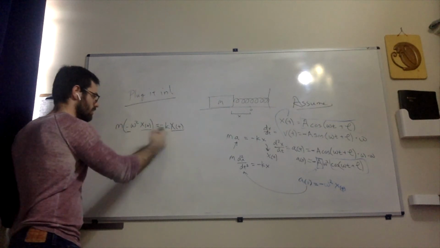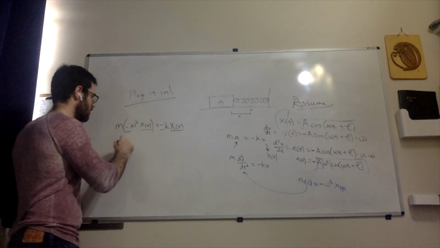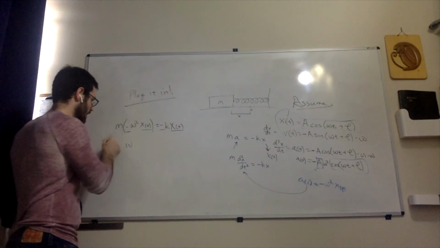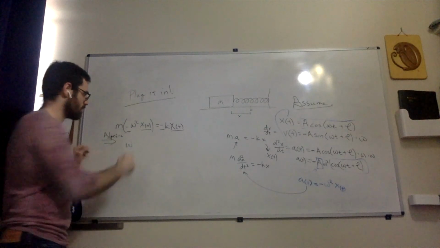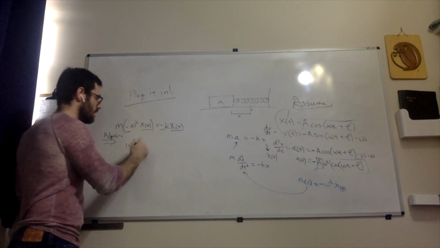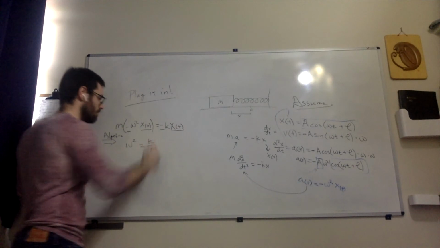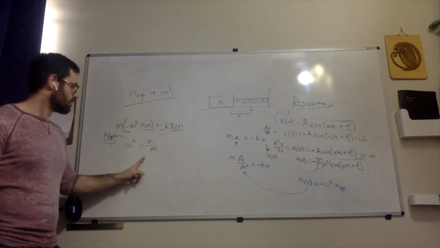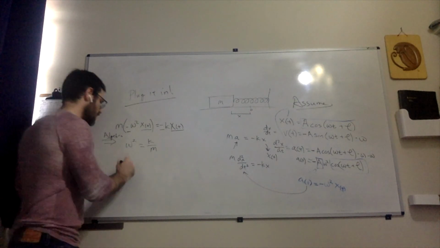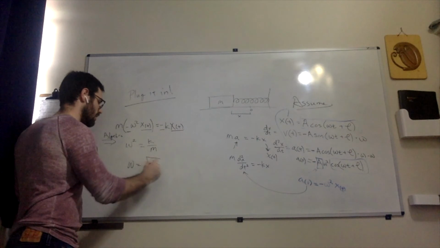Via algebra, I get omega squared is equal to k over m. And omega squared being equal to k over m means that omega equals root k over m.